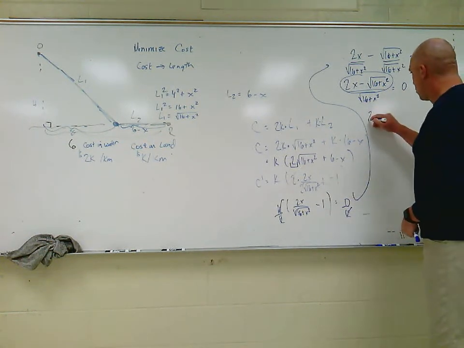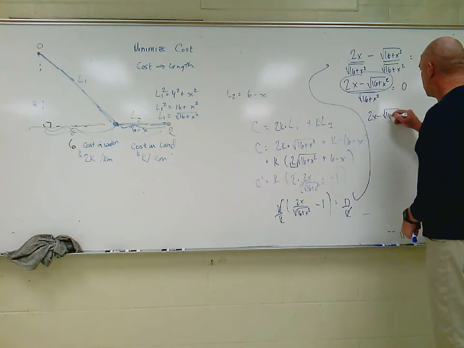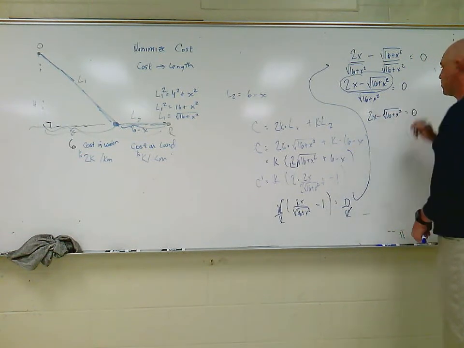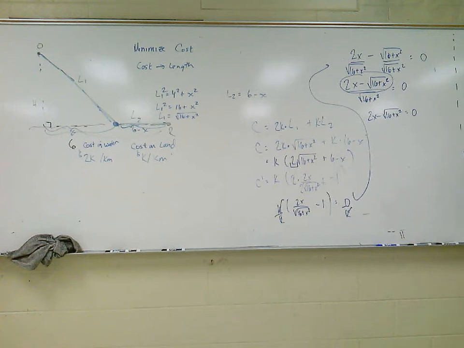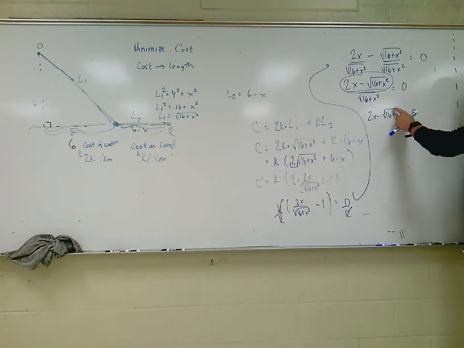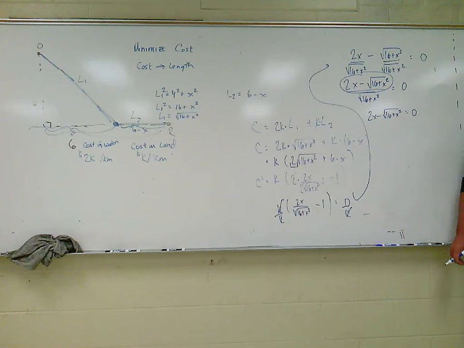So I'll take my numerator, set it equal to 0, and this is what you must solve to find your critical numbers. Now, the easiest way to solve this one is notice you have a square root, and our x is in a square root. So what would we like to do to a square root to get rid of it?